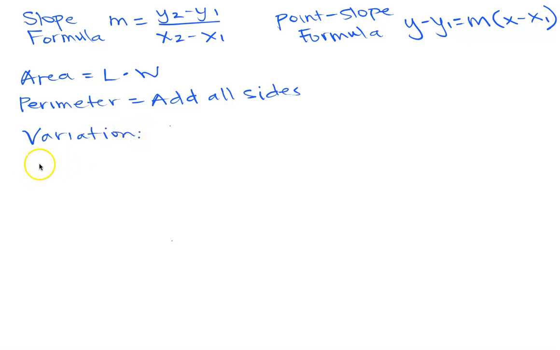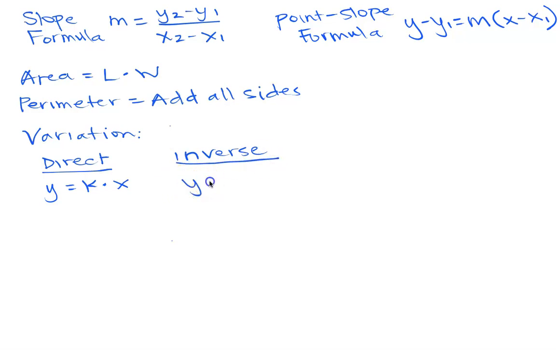If we're doing direct variation, you need to have memorized that that is y equals k times x, and inverse variation is y equals k over x.